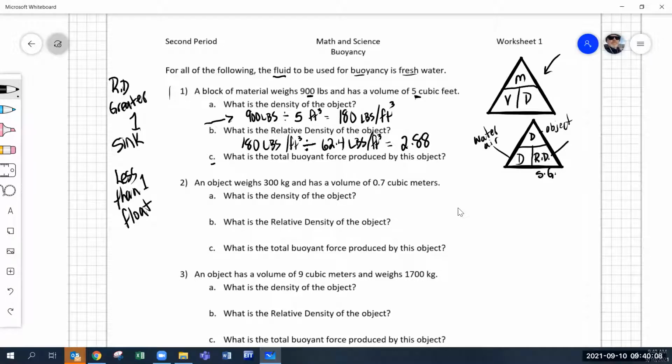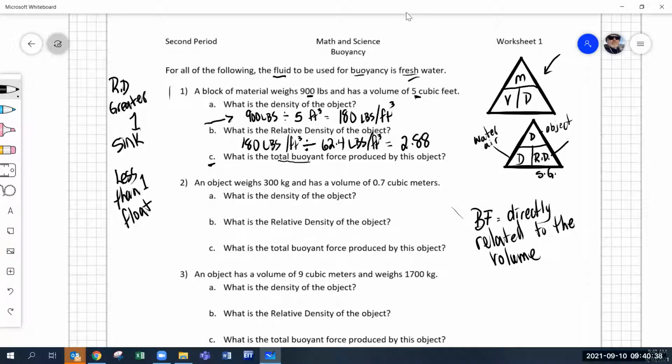Now, C here says, what is the total buoyant force produced by this object? Buoyant force is directly related to the volume. So how much buoyant force is pushing up on that object is directly related to the volume.